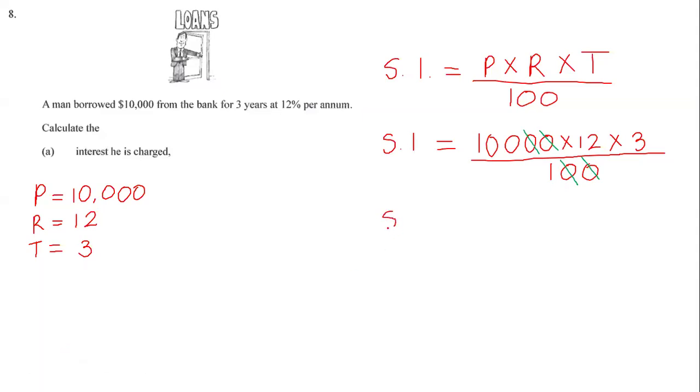So that means for simple interest, we're going to have 100 times 12 times 3, all over 1.